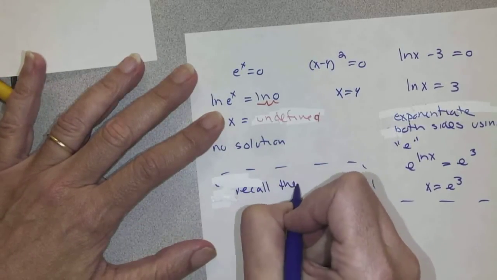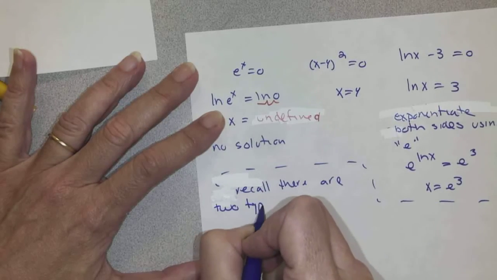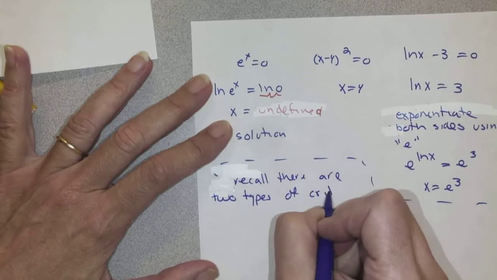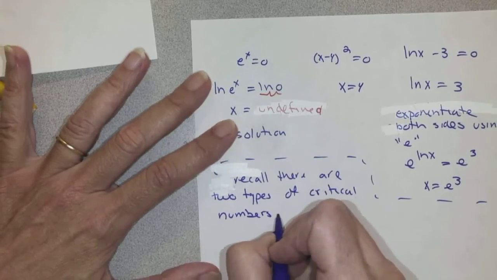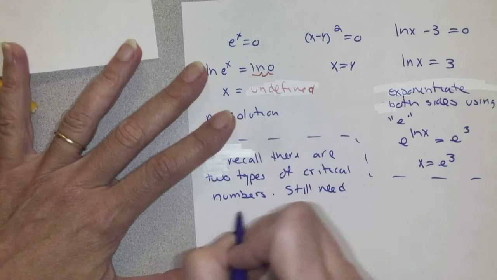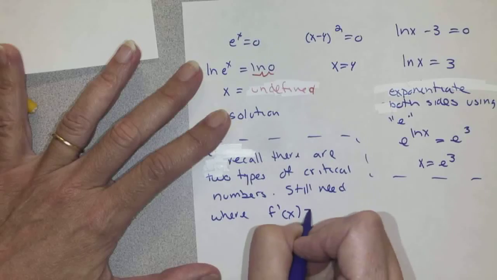Recall, there are 2 types of critical numbers. Still need where f prime of x equals 0.